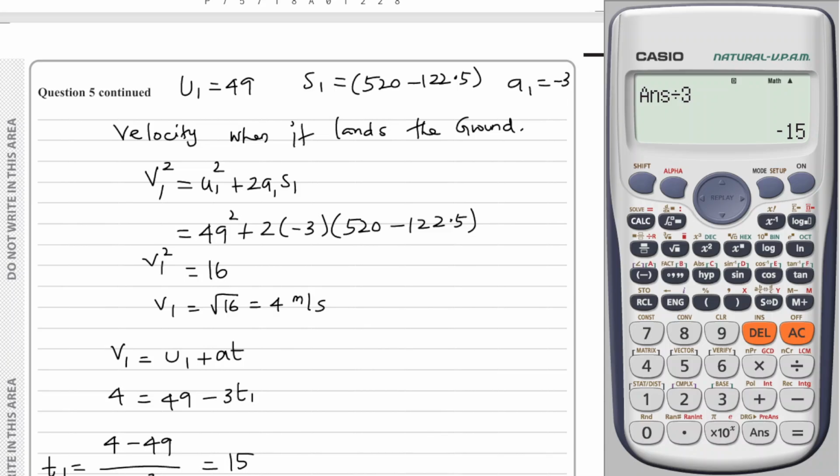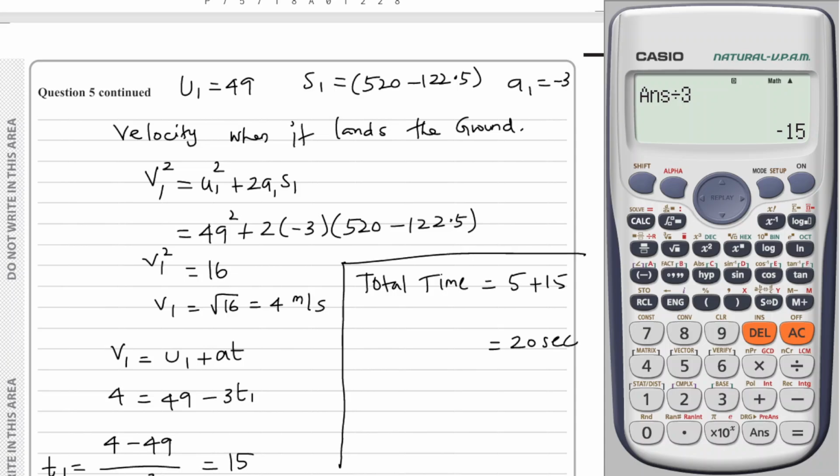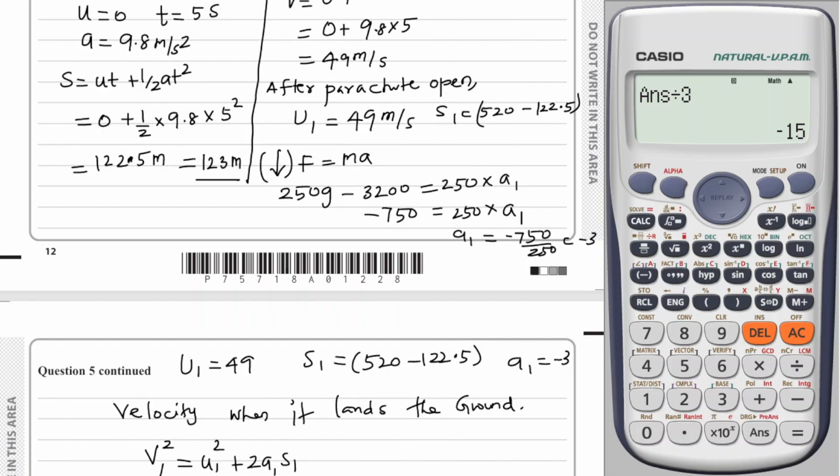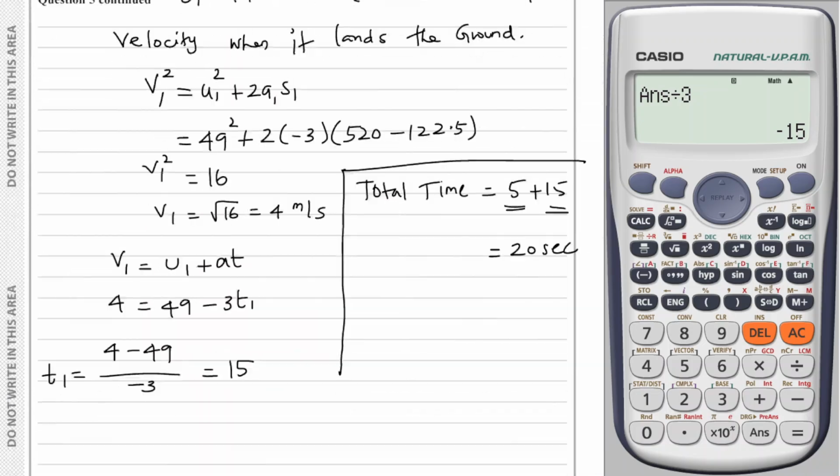So the total time is equal to 5 plus 15, that is equal to 20 seconds. You know that this 5 seconds is before opening the parachute, and this 15 seconds is after the parachute opens, until the instant when it reaches the ground. Okay, so this is our answer for the C part.